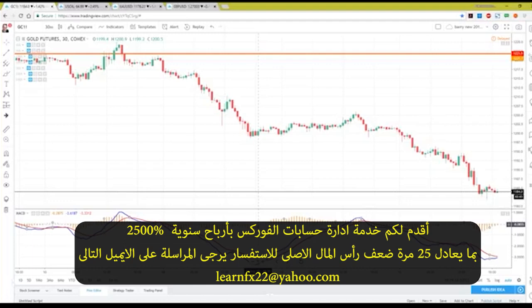The MACD histogram is simply the difference between the MACD line and the MACD trigger line. Because when the MACD line and the MACD trigger line cross each other, what is their value? 0.